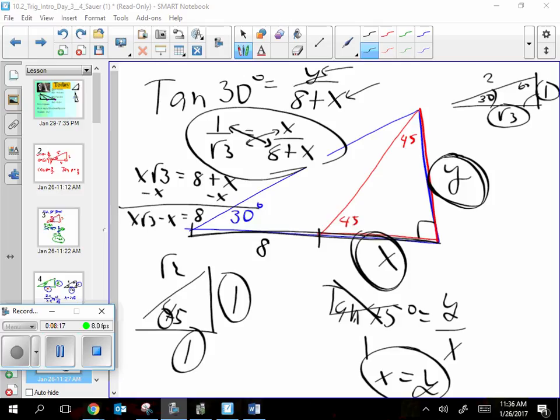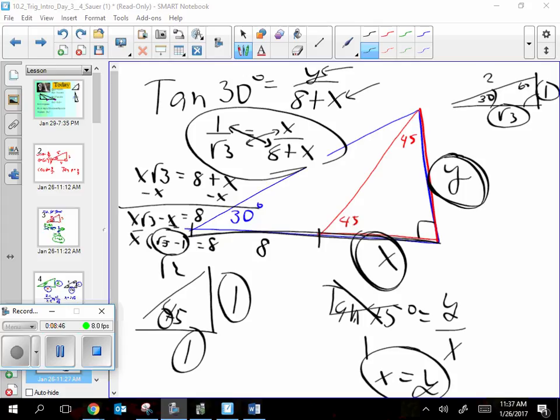And this actually does involve a little bit of my favorite saying. You get other x's in both of those? If you can factor it, you should. To get this x alone, I'm going to factor an x out, and I have x times root 3 minus 1 equals 8. Once I figure out what root 3 minus 1 is, I could use a calculator and get a decimal for it, or I could just divide both sides by root 3 minus 1.